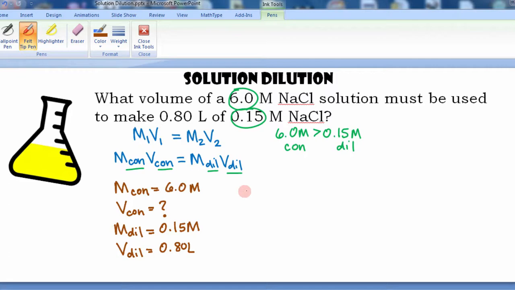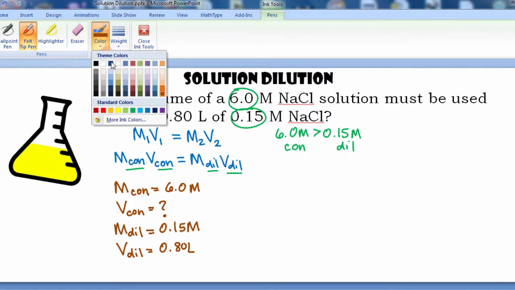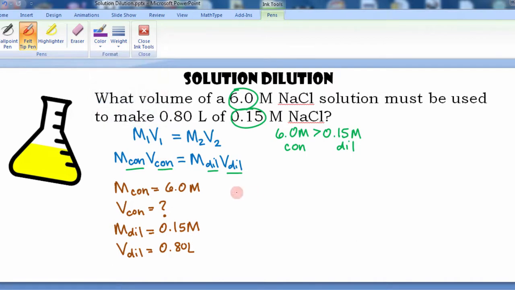So let's set this up. M of the concentrated times volume of the concentrated is equal to M of the dilute times the volume of the dilute.